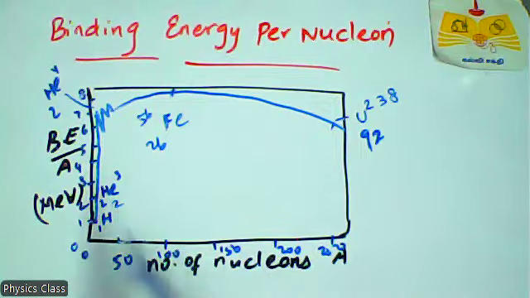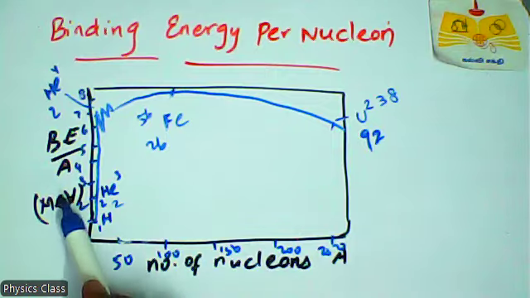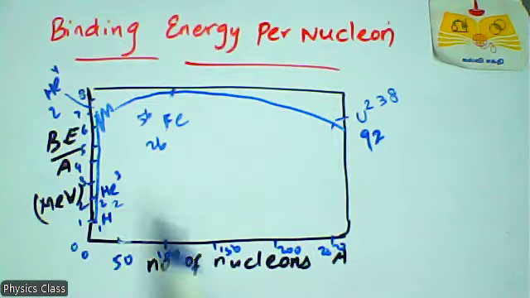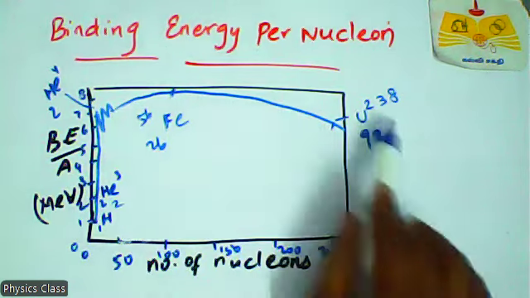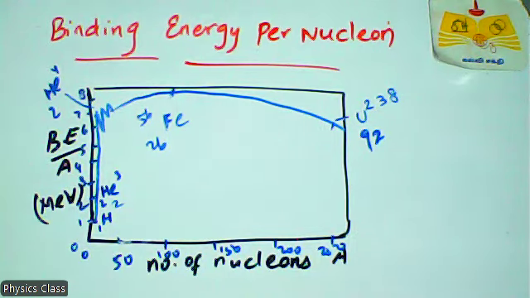The binding energy curve means the binding energy is plotted against A for all known nuclei. We get the average binding energy curve here. Clear? So this is a binding energy curve.